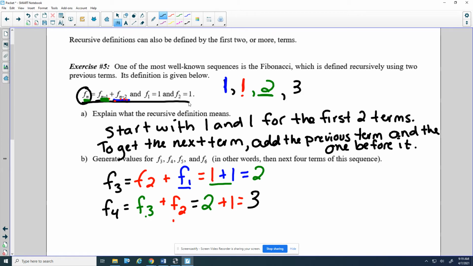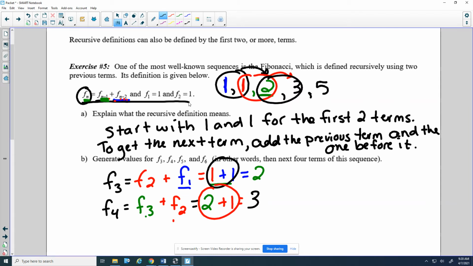Now, at some point, the whole point is we're using our brains. I added the 1 and 1 together to get the 2, and then I added the 2 and 1 together to get 3. So you should start to recognize what you're going to add together next. I'm going to add together the 2 and 3 to get the 5.